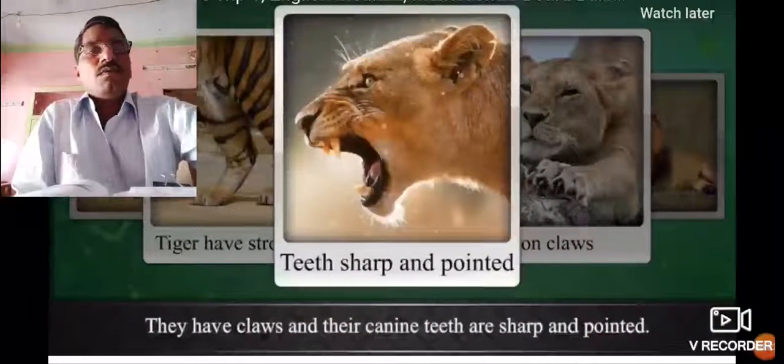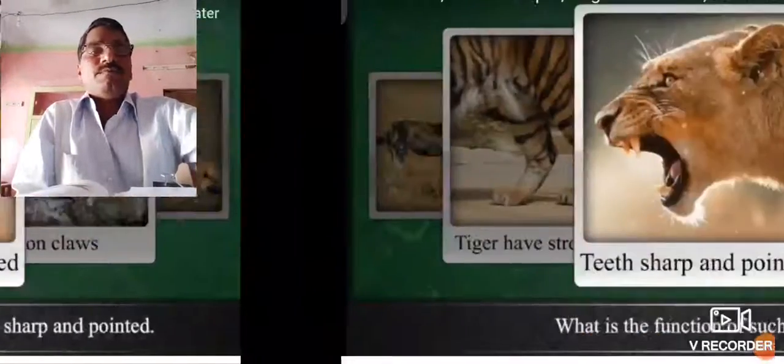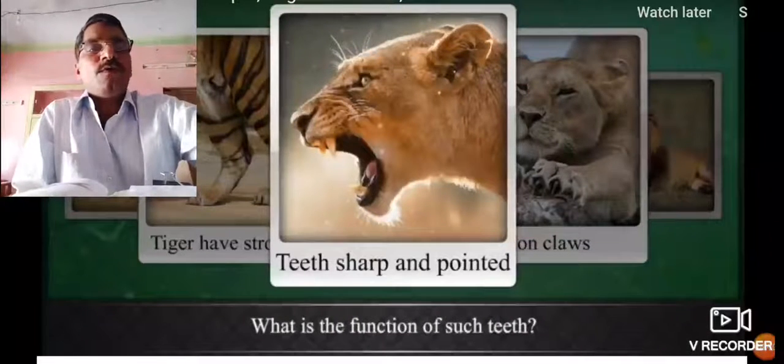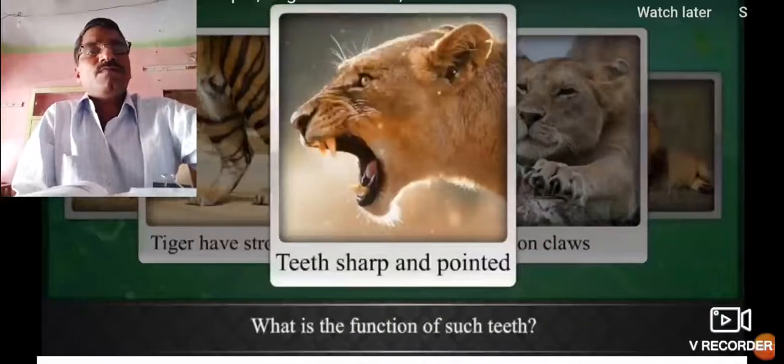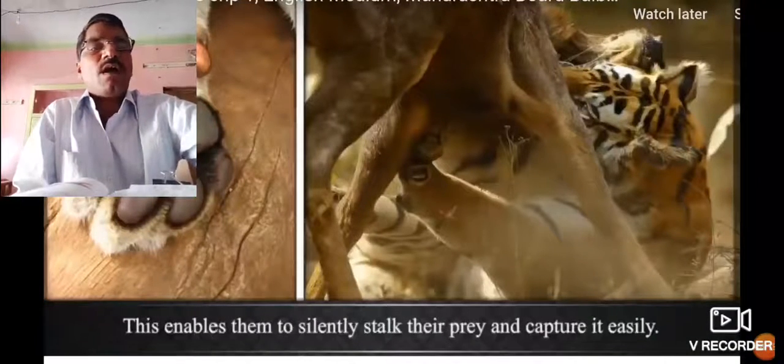They have claws and their canine teeth are sharp and pointed. What is the function of such teeth? This enables them to silently stalk their prey and capture it easily, dear students.